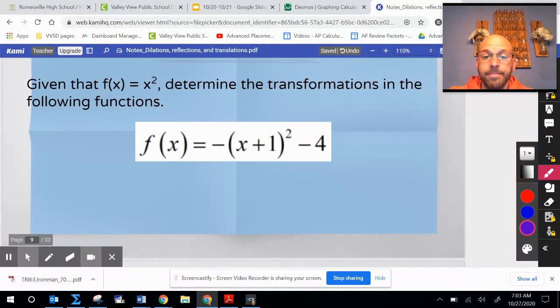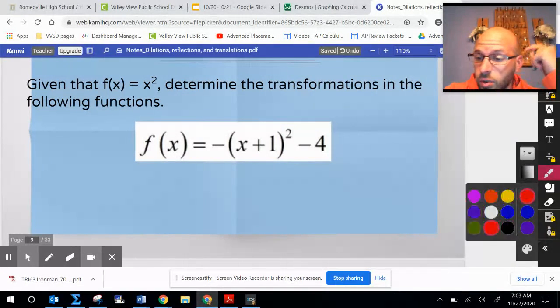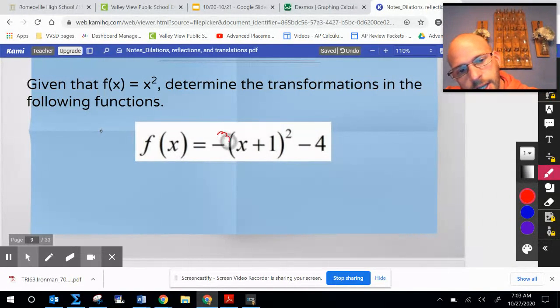All right. So again, this time I put it all in there. I don't know if you guys remember from the last lesson, but we have 3 answers to this question. So anytime that you see this negative up front, we're going to get a reflection over the x-axis.